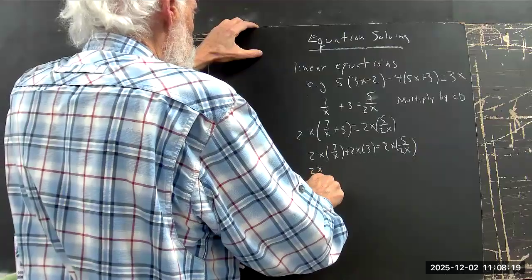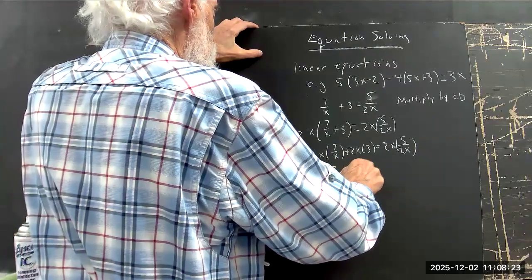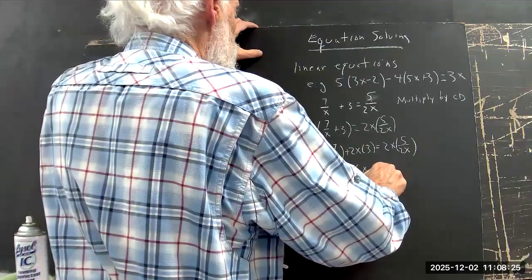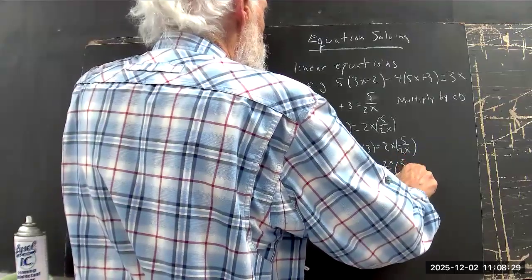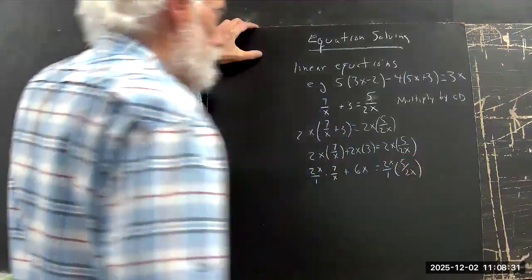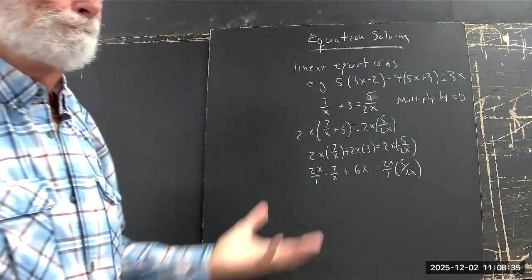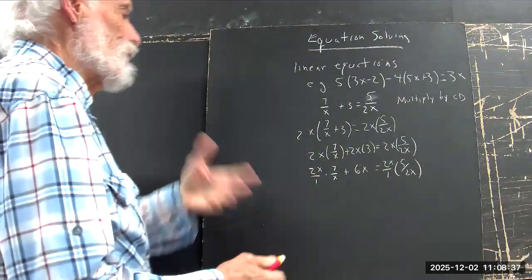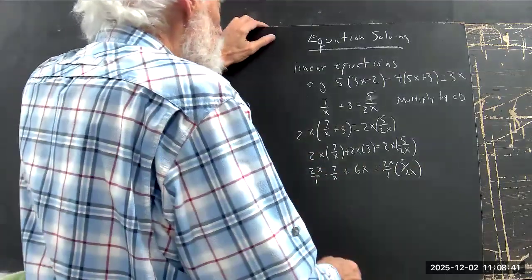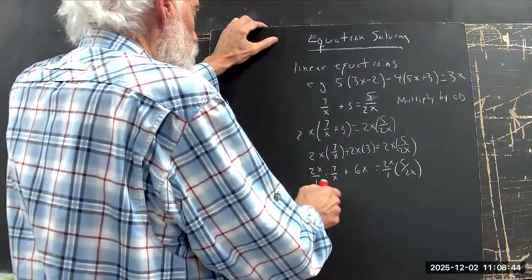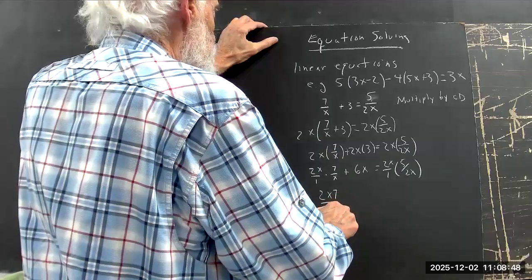We write this as 2x over 1 times 7 over x plus 6x equals 2x over 1 times 5 over 2x. That's harmless. Okay, and we see x as a factor. Well, okay. If we multiply this out, now you can shortcut this.